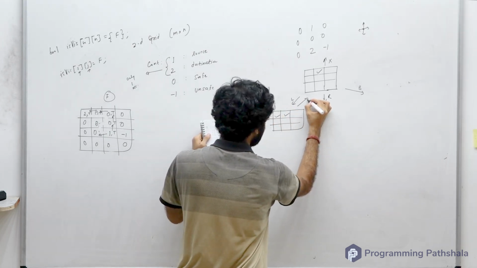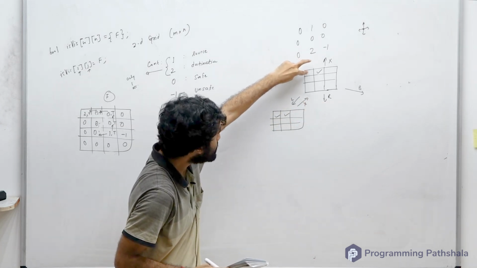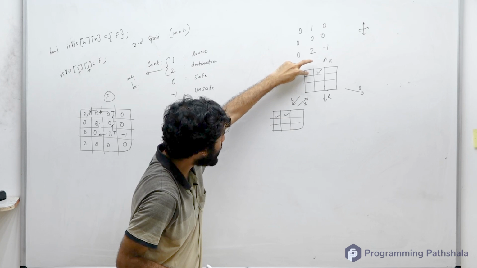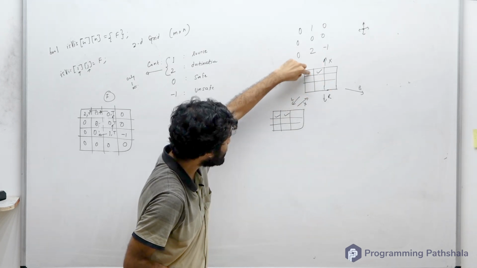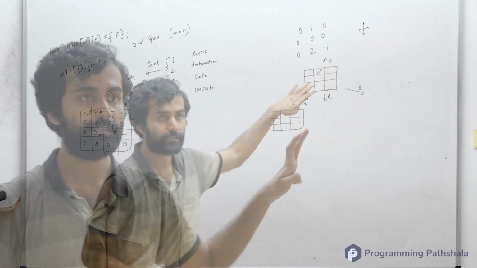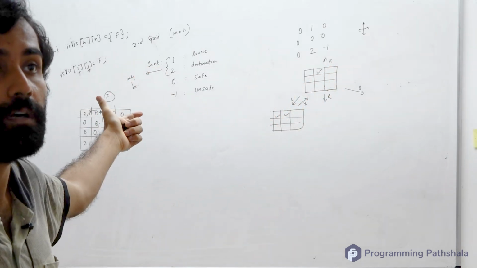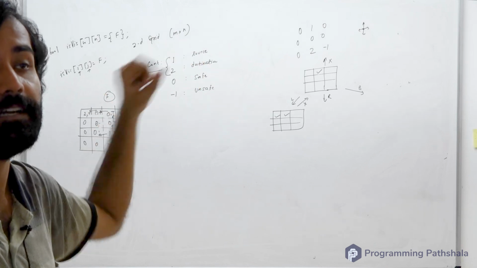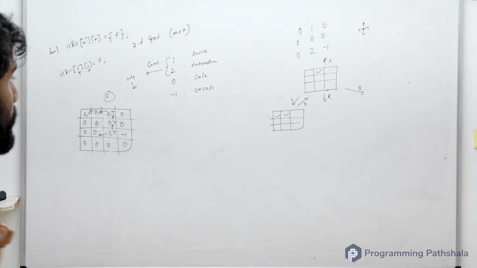So before returning yourself, you will unmark. That way this cell can now be a part of a journey like this, or this cell can be a part of this kind of journey. That is the reason you have to unmark. Otherwise that cell will never be able to get considered in the paths that start with the first move as right or the first move as bottom.